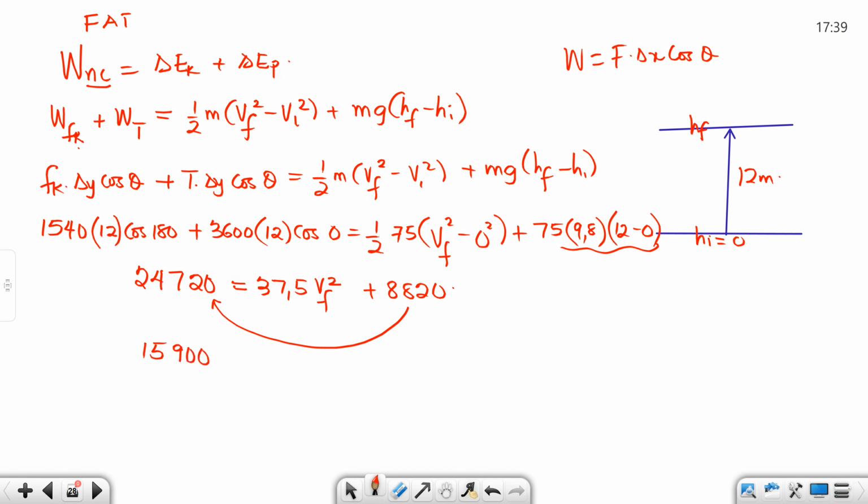It must be negative 8820 on top. 37,5 Vf what? Squared. Can we divide both sides and find the square root for me? Why are we lost now, Tesmia? Remember, final height and initial height. That's what tells us whether it's negative or positive. 20, comma. Did you find the square root already? Meters per what? Second.